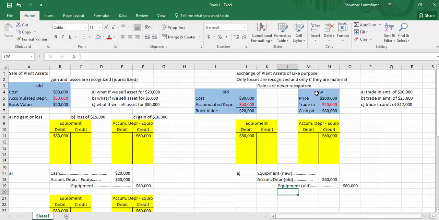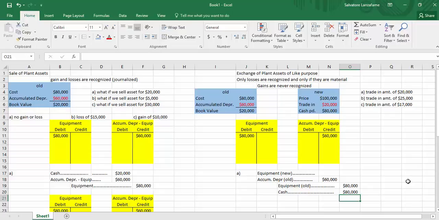Okay. And if you recall, we have cash paid in this situation. So I have to credit cash. And the amount of cash is 80,000. Just a coincidence that they're both 80. So if I look at 80 and 80, that's 160 on the credit side.